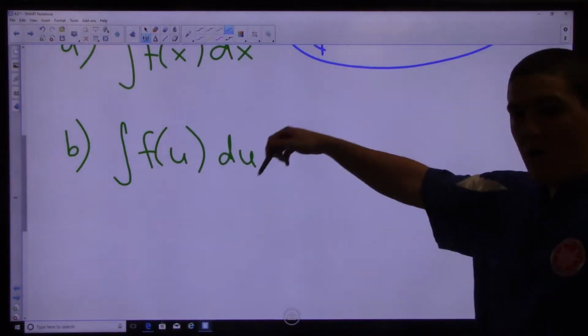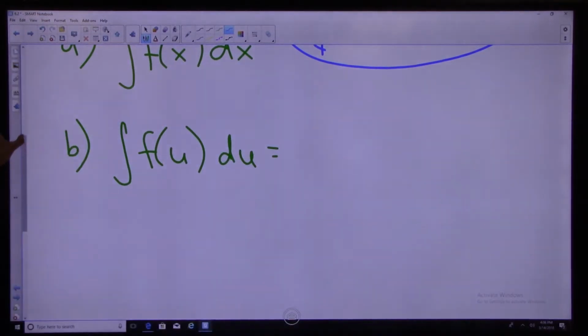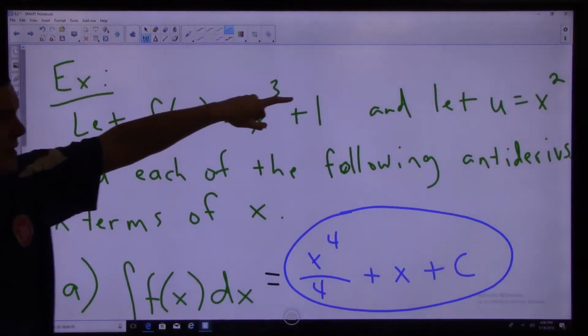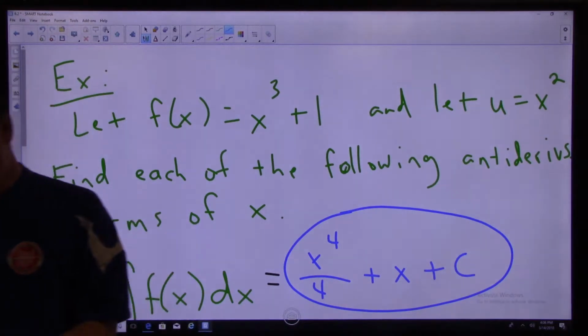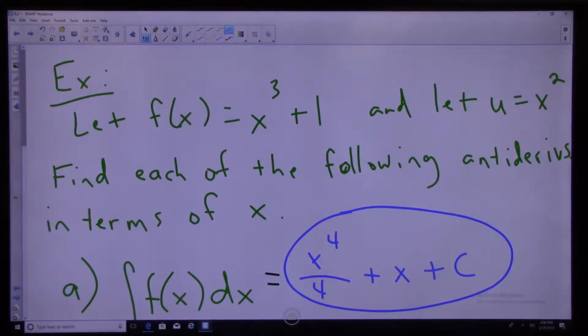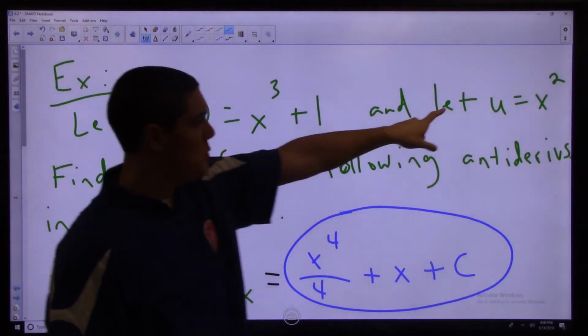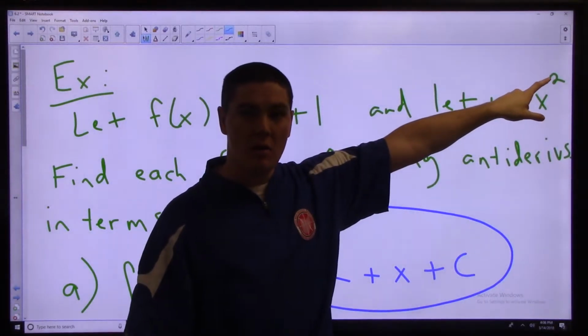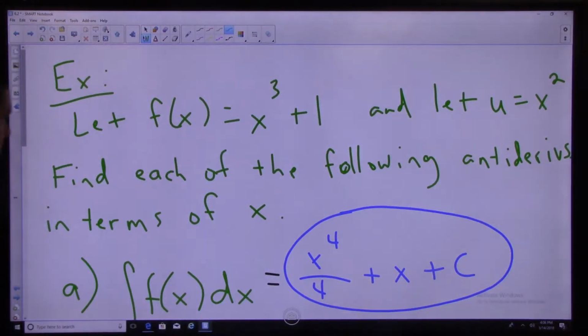All that means is I need to take my u function. So u is equal to x squared. Let me pause for a second and make sure I explain this well enough.